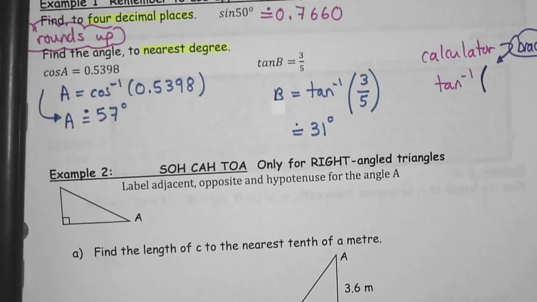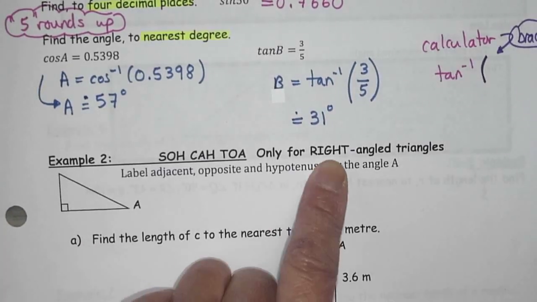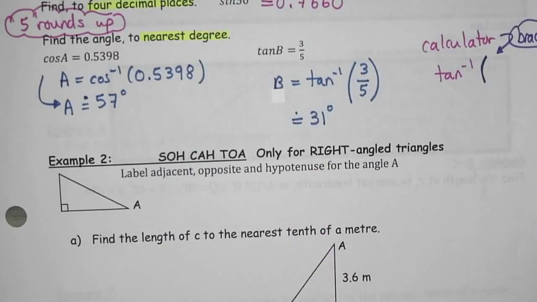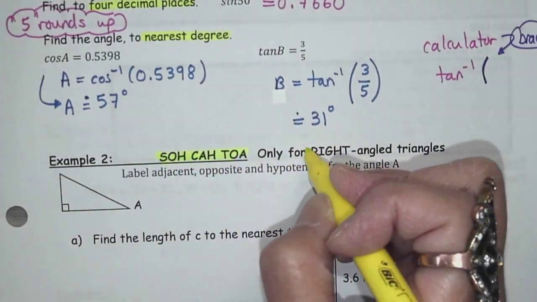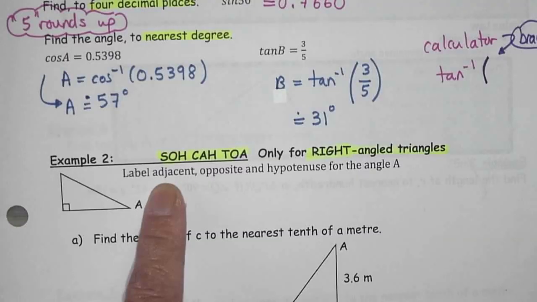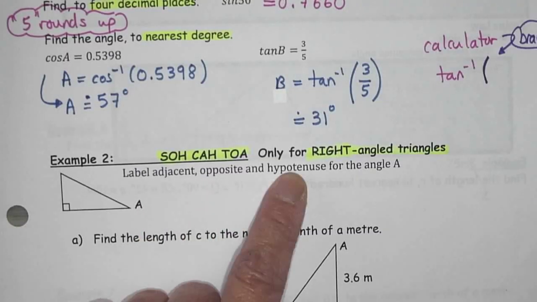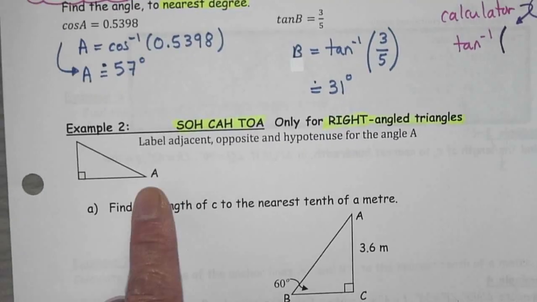Next one, example 2, SOHCAHTOA. SOHCAHTOA is only for right-angled triangles, right? We know that. It only goes for right-angled triangles. You should know which ones are adjacent, opposite, and hypotenuse. So for angle A, you have to know which angle you're starting with.